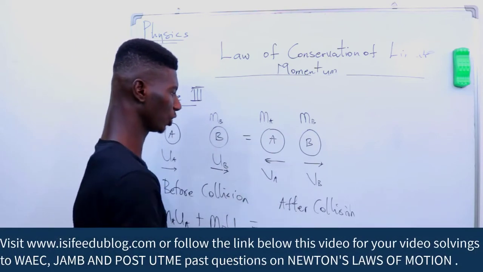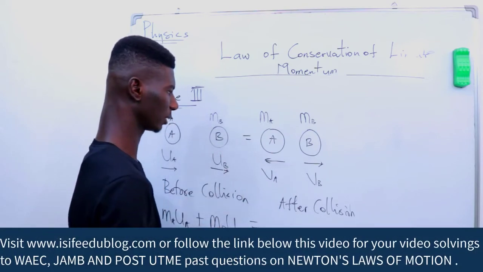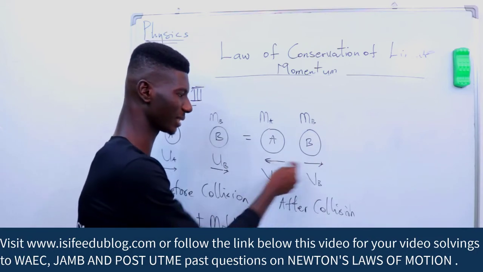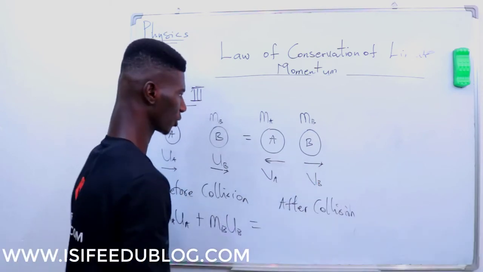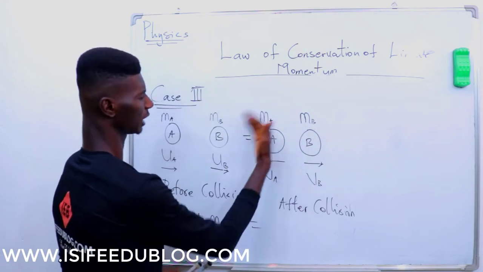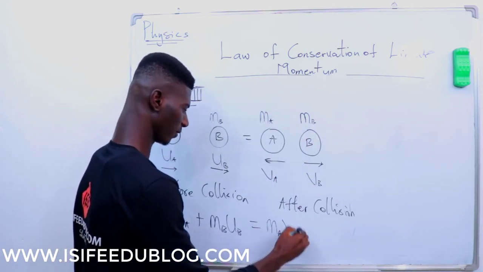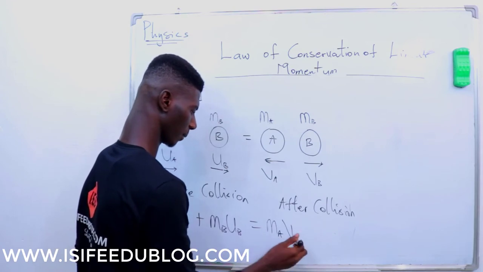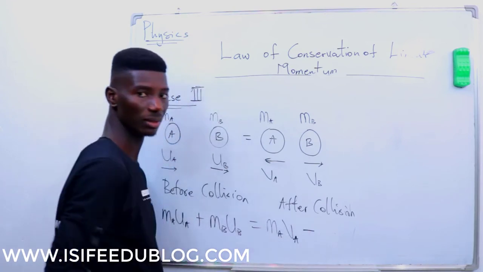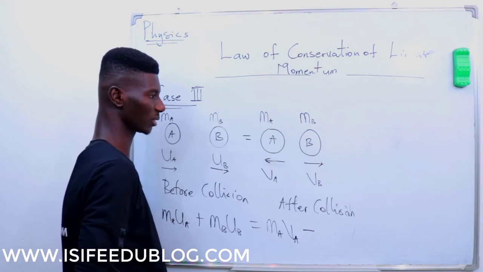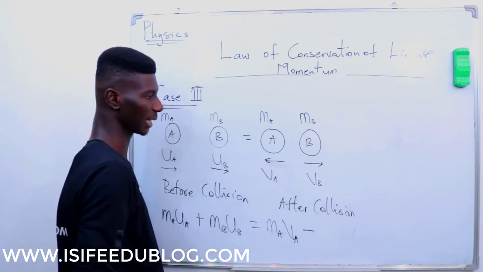Now, after the collision, let's be observant. What happened? They moved in different directions. So because it is a different direction, this momentum is mA vA minus, are you seeing what is going on now? Different direction.